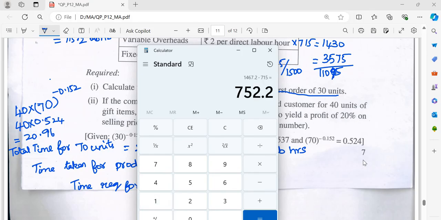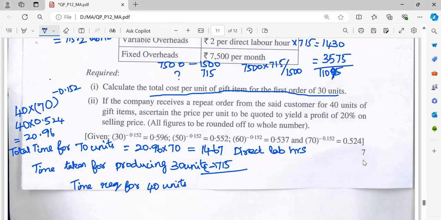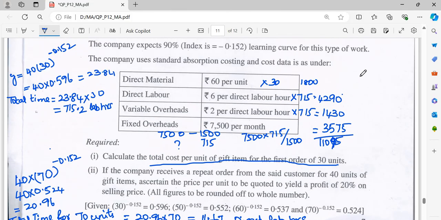So I will be getting 752 labor hours. So now I want to calculate the cost for the 752 only. So here direct material for this 40 units. This is for 30 units I have calculated. Now I am calculating for 40 units.